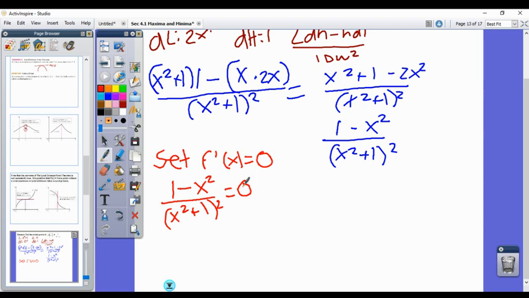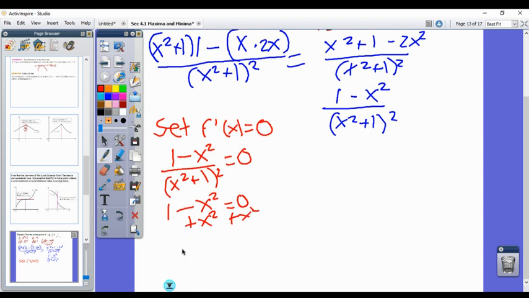Okay, so essentially what I'm going to do is cross multiply, and this denominator is going to be multiplied by 0, so it's essentially just going to go away. So I'm going to get 1 minus x squared is equal to 0. I can then add x squared, and I'm going to get 1 equals x squared, and then I'm going to take the square root. And remember, when you take the square root, it's plus or minus 1.